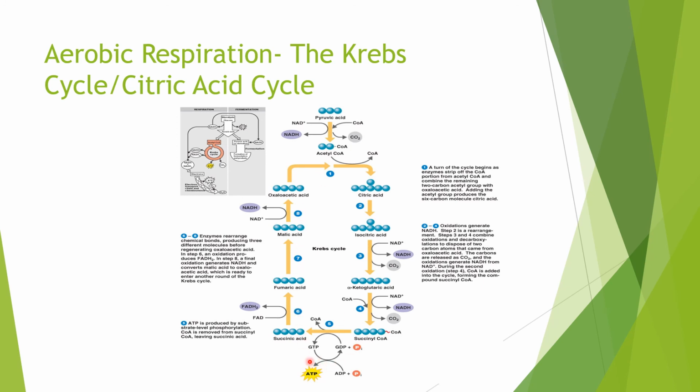At the end of the day, what is the Krebs cycle going to produce? It is going to produce more ATP, some carbon dioxide, and some electron carriers known as NADH and another electron carrier known as FADH2.